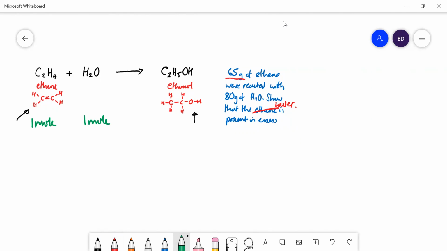Okay, so let's work out our moles of ethene. Moles of C2H4 is equal to the mass over the Mr. The mass we have is 65 grams. And the Mr of ethene is 2 times 12 for carbon, plus 4 for the hydrogens, that's 28. So 65 divided by 28 is 2.32 moles of ethene.